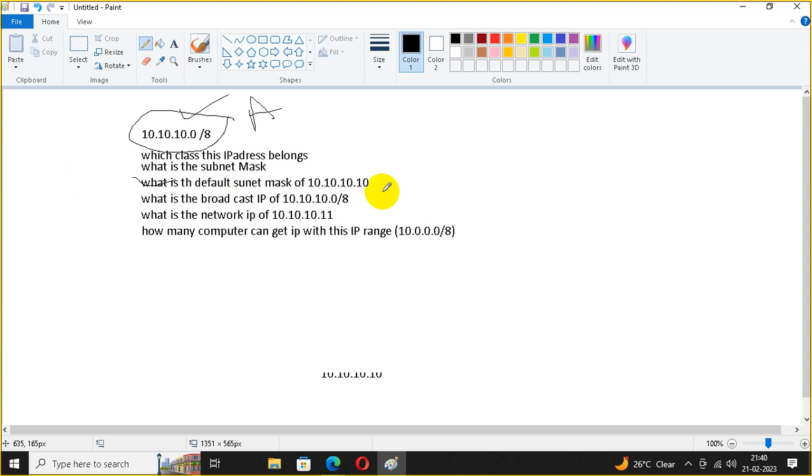What is the broadcast? Broadcast IP is 10.255.255.255. Perfect. What is the network IP?